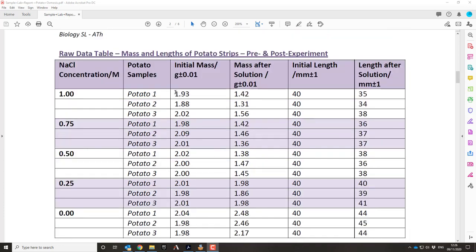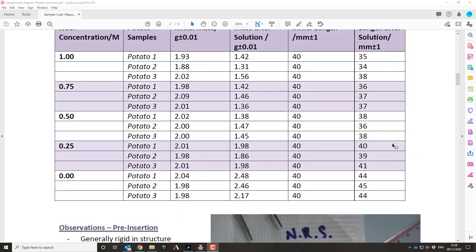So what I can do is have the measurements before and after as two separate columns. I'm going to focus on mass rather than looking at length, because the lengths, to be honest, change very small percentage. The interesting thing is in the change of mass.